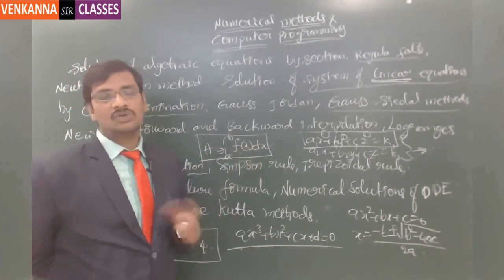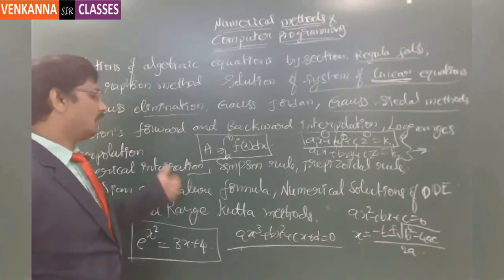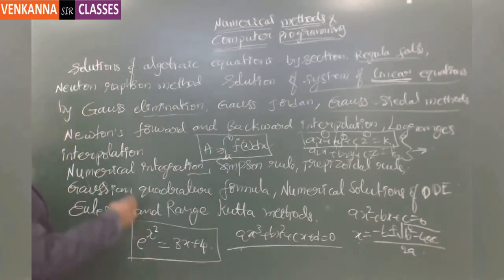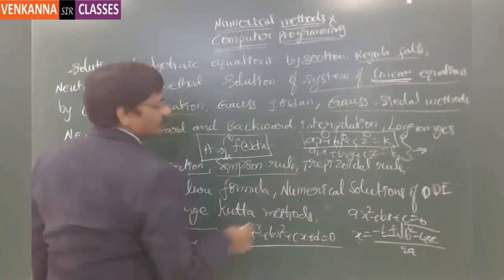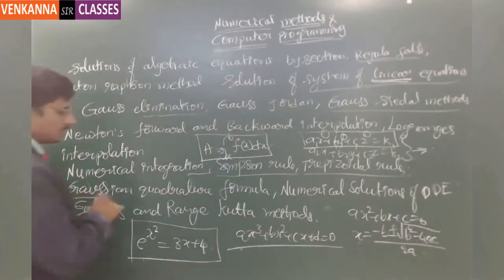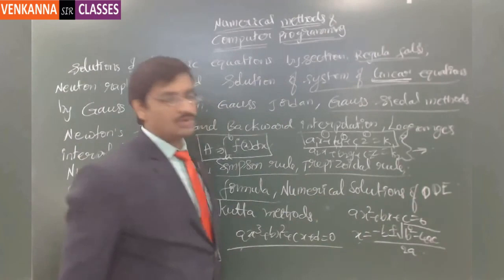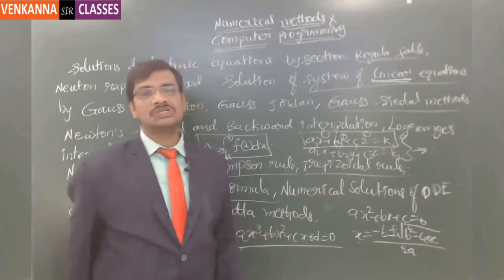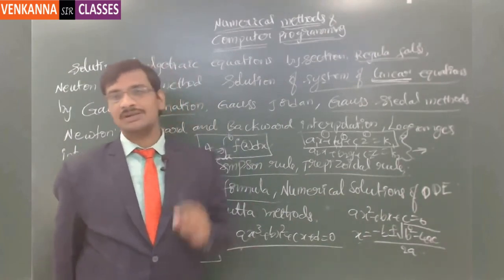You will be able to find that value with the help of three methods: Simpson's rule, the trapezoidal rule and the Gaussian quadrature formula. All these three methods we are going to use to find the solutions for definite integrals.